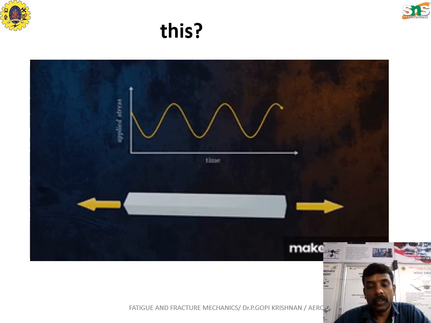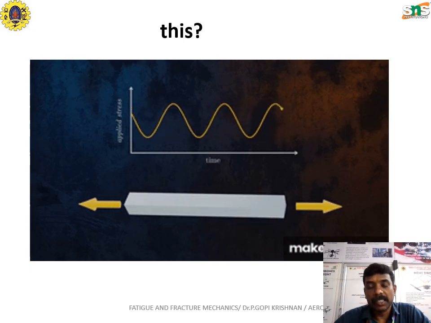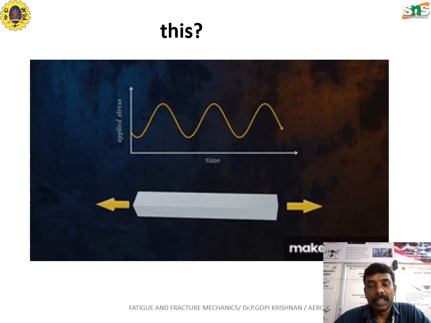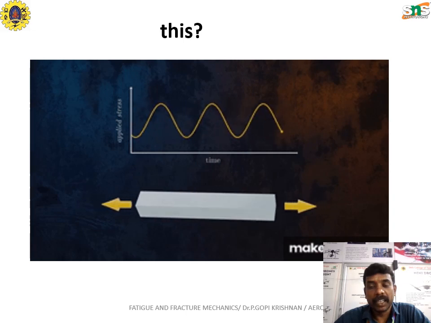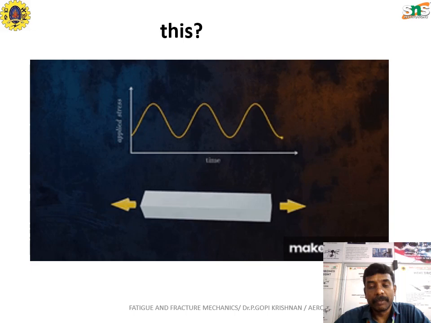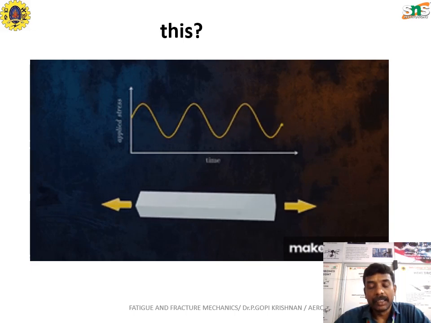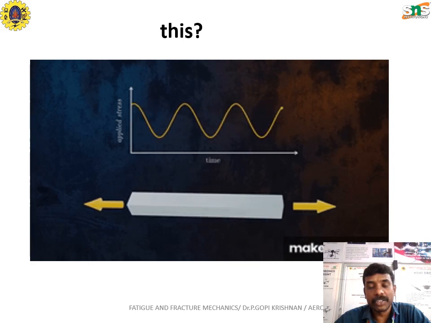This is called a different kind of stress application. This can be taken as the example for a fatigue loading, in which time is taken on the x coordinate and the stress magnitude on the y coordinate, and over time the force is applied from the outer periphery of the component, and the nature of the force acting over the system can be tensile and compressive.